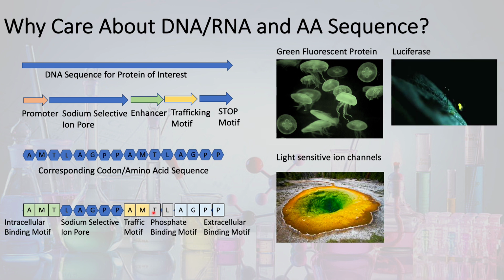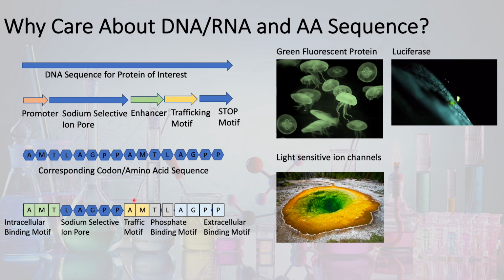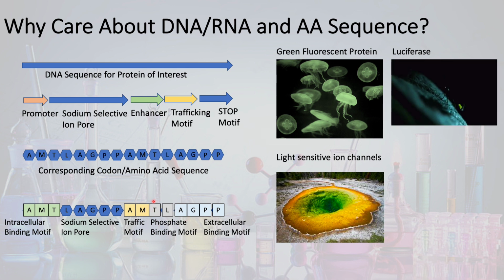Right? Here's our trafficking motif. So perhaps this is a section of your folded protein that needs to bind to another protein to allow it to get to where it has to go. Maybe over here is an example of a phosphate binding motif. So this is a section of amino acids that will allow phosphate groups or phosphoryl groups to be added to a protein. And then maybe over here is our extracellular binding motif, right? A component of this protein that helps it arrive in the extracellular space where perhaps it can be activated by a ligand, or maybe it senses ion concentrations or something, right?